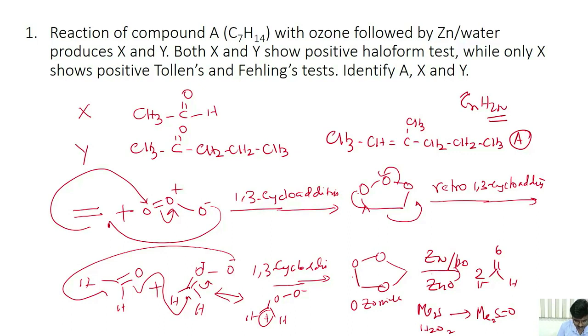So the alkene undergoes 1,3 cycloaddition to give this unstable intermediate, which undergoes retro 1,3 cycloaddition to give these carbonyl derivatives. These can undergo further reaction to give the ozonide, which can be converted into carbonyl compounds using zinc in water, dimethyl sulfide or hydrogen peroxide to produce aldehyde, ketone and carboxylic acid.